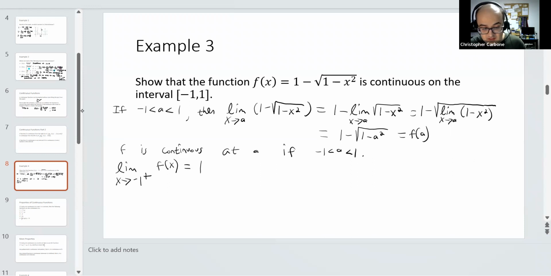And that is the value of f of -1. And the limit as x approaches +1 from the left-hand side of our function f of x, again, if we put 1 in here, we get that same value of 1, which is also the value of f of 1.